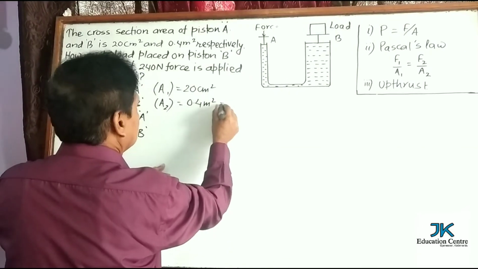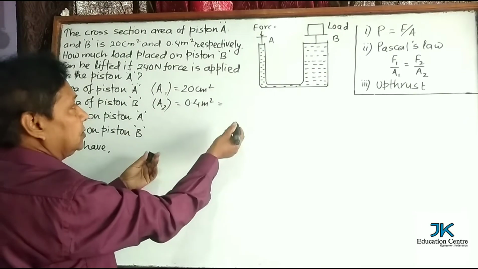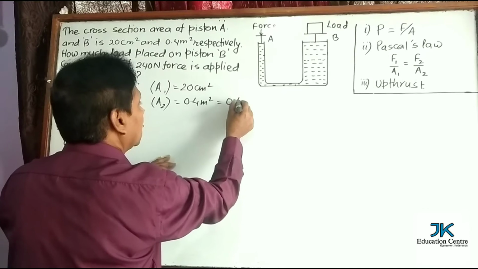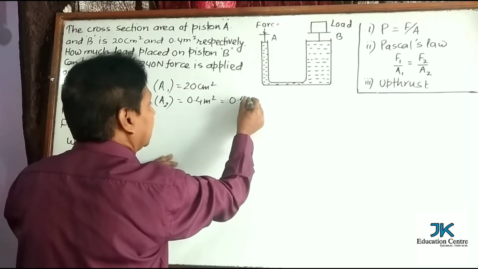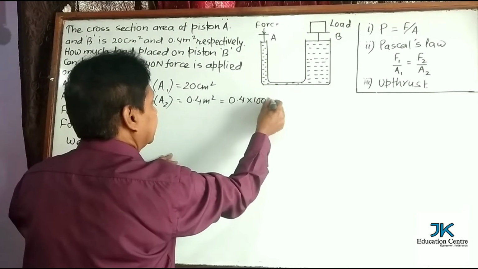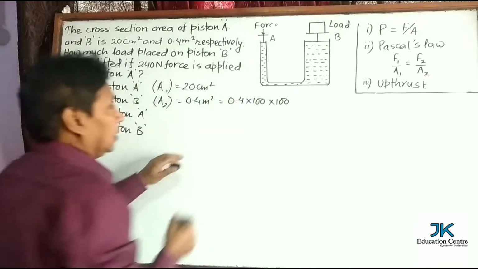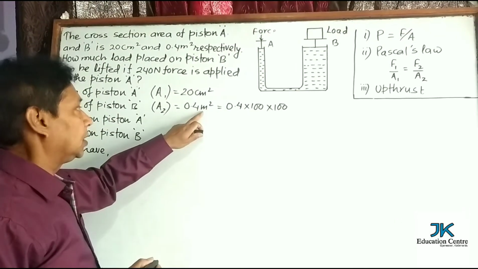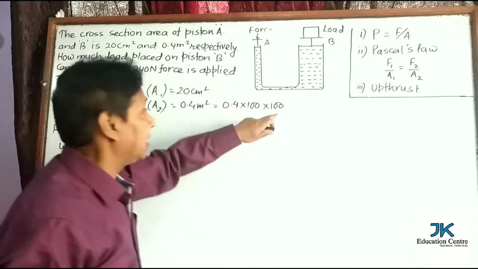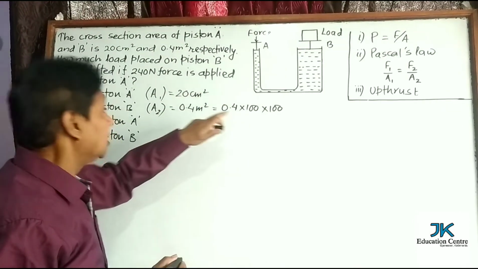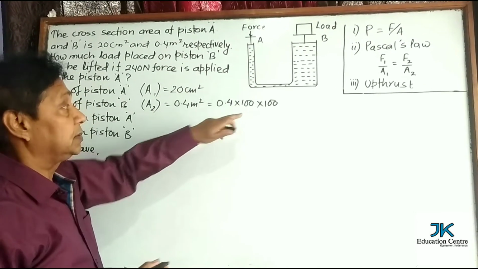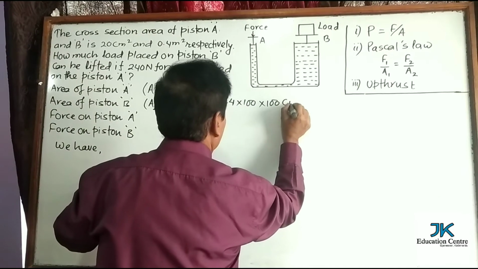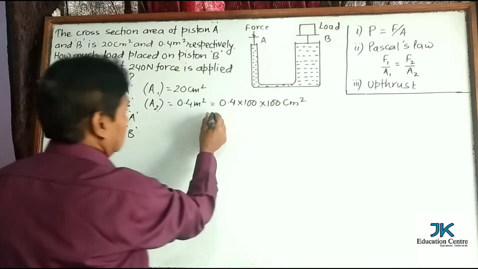Meter square can be easily converted into centimeter square by multiplying by 100 twice. We multiply with 100 once to convert one meter into centimeter, and again multiply with 100 to convert the other meter into centimeter. That's why finally it becomes centimeter square.